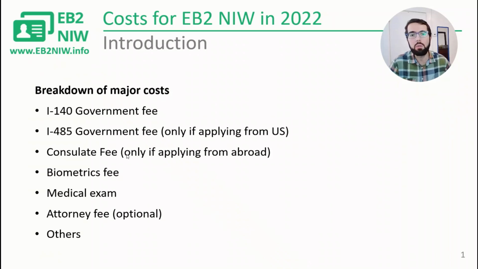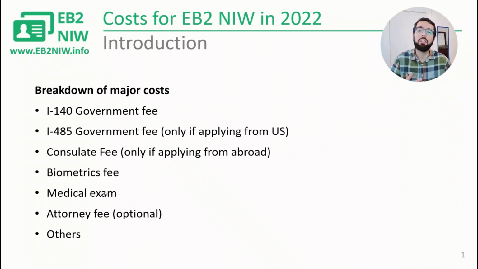We're going to go through each one of them in the next slides, but we have two different classes or categories of costs. Ones are the official fees by the US government, the USCIS, that includes the I-140 and I-485, as well as consulate fee that would replace the adjustment of status if you're applying from abroad, and the biometrics fee, and that's like your fingerprints and so on.